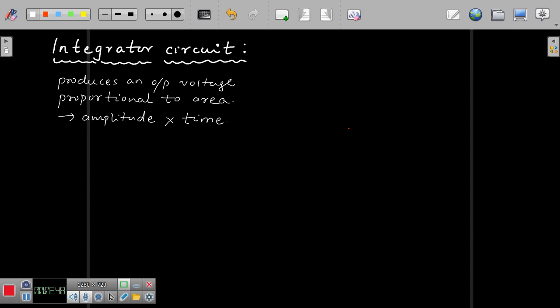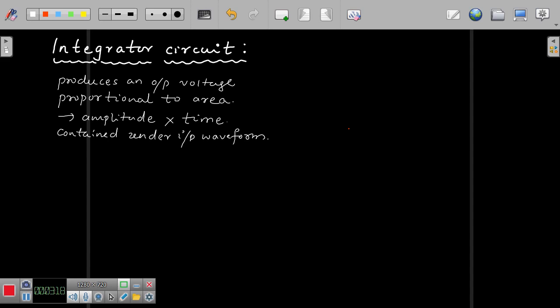So an integrator basically produces an output voltage proportional to the area, where the area is represented as the product of its amplitude and the time contained under the input waveform.